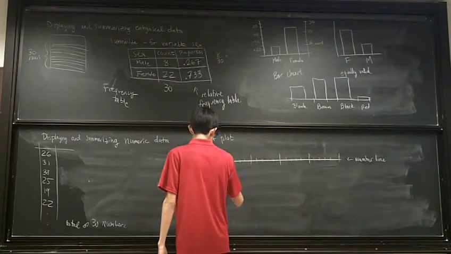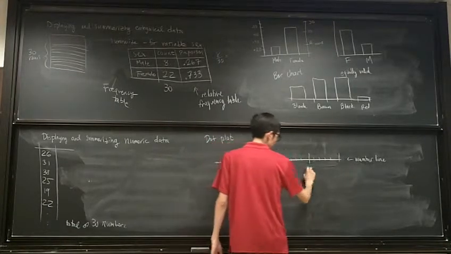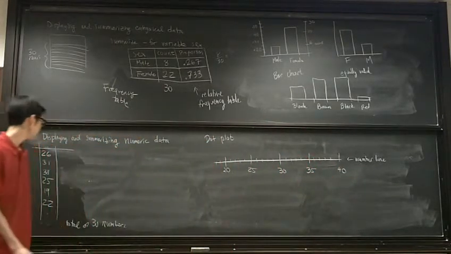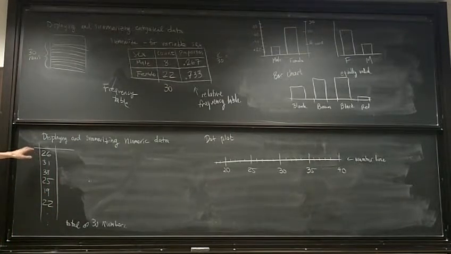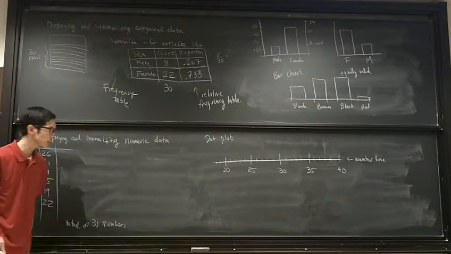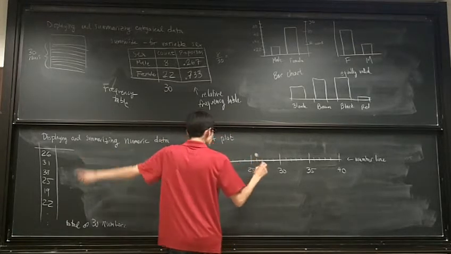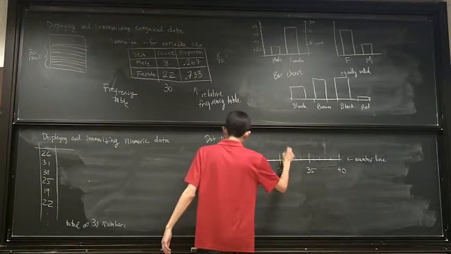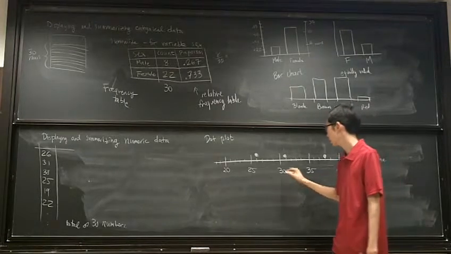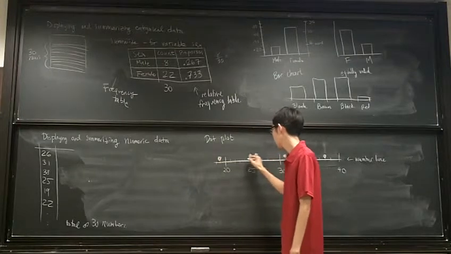So let's say I've got a number line, and what I'm doing is I'm going to put a dot for each number that shows up in my data set. So I put a dot at 26, I put a dot at 31, a dot at 38, a dot at 25, and 19, and 22.